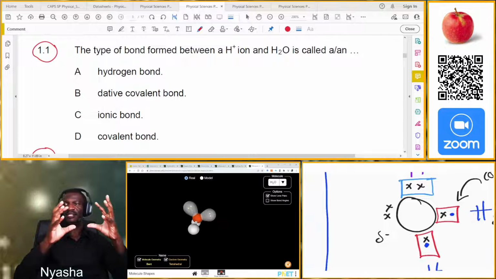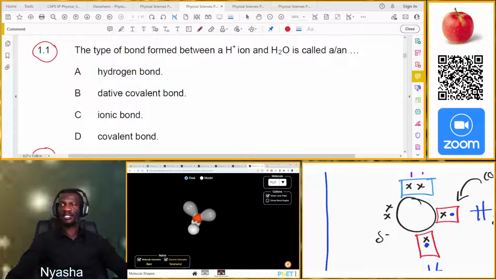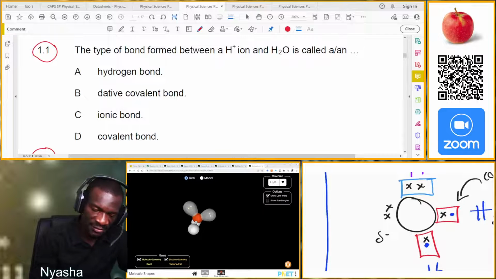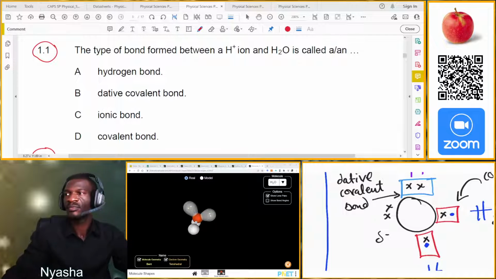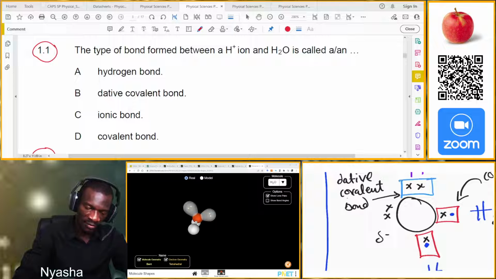So what we have seen there is basically a dative covalent bond. This is the dative covalent bond.